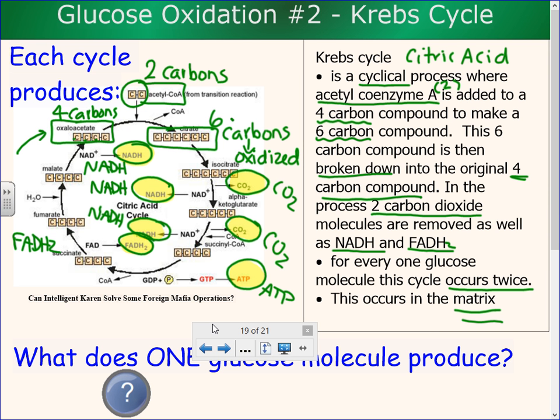If you take a look, you'll see that there are 2 CO2s. You'll see that there is 1 ATP, that there are 3 NADHs, and 1 FADH2. And it's that total number that interests me the most. Do you know how many of everything I'm producing? Not in which order am I producing them. Would anybody like to ask any questions about that idea?